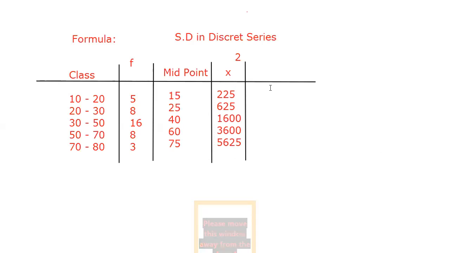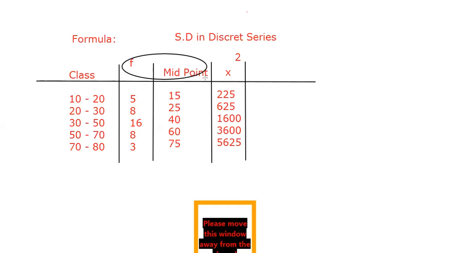So what is the next step? We need to find sigma fx and sigma fx square. What is sigma fx? We need to multiply f into x values, which are called fx values.